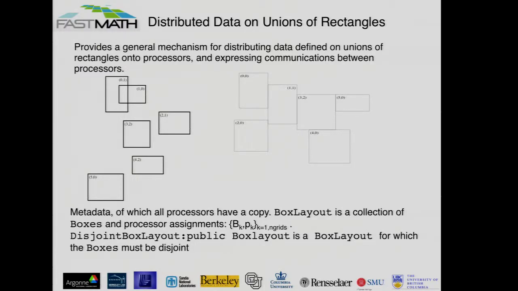BoxLayout does not put any constraint on how the boxes can be. They can be overlapping boxes as well. DisjointBoxLayout insists that the boxes do not have any overlap at all. So DisjointBoxLayout is what actually contains the data on which the computation is being done. And you can imagine that when these disjoint boxes have their corresponding ghost cells around them, then they qualify as a BoxLayout, because now they're allowed to have overlaps.